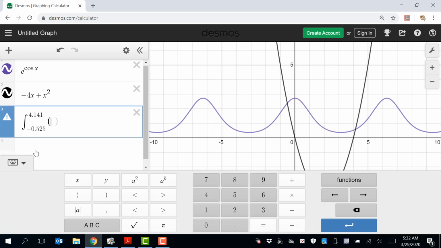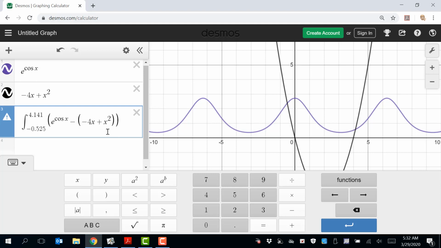And now we're going to type in the top curve, which is e to the cosine x, minus the bottom curve, which is negative 4x plus x squared. And remember to type that in parentheses so you can distribute your negative sign. So like I said, subtract in parentheses so it reminds you to distribute the negative sign.